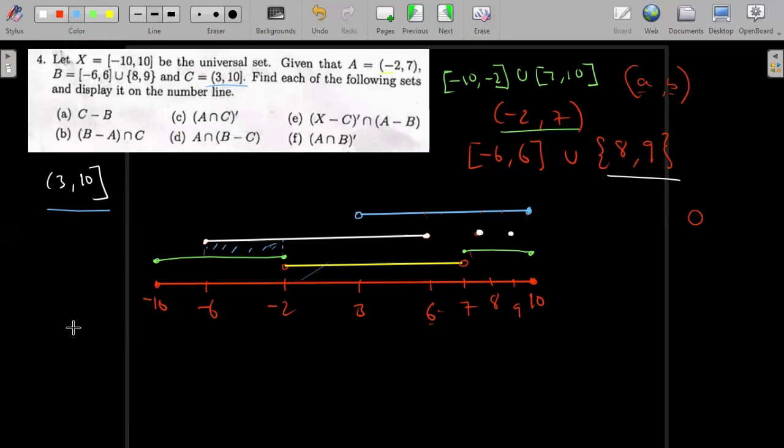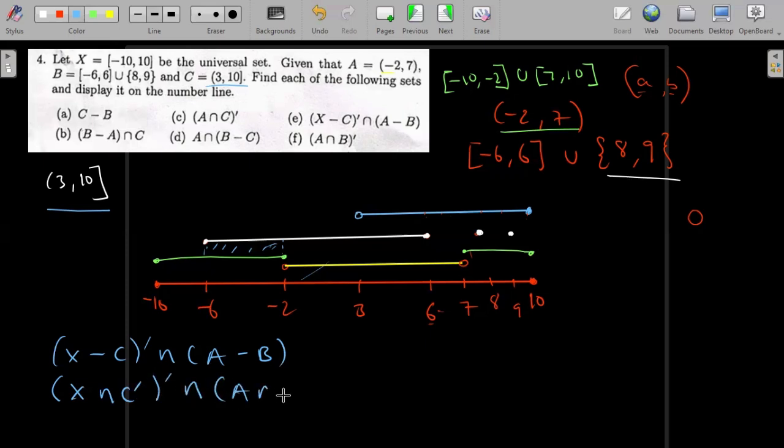So E is (X minus C) complement intersect (A minus B). I always find it easy if you just do it in bits and pieces. I can write this as X intersect C complement, intersect A intersect B complement.